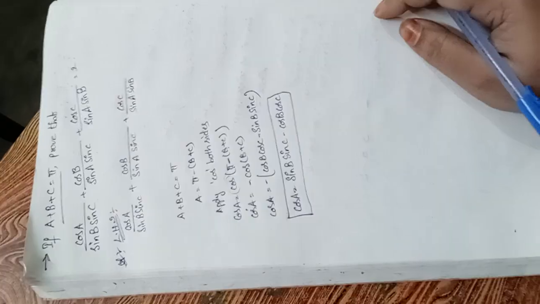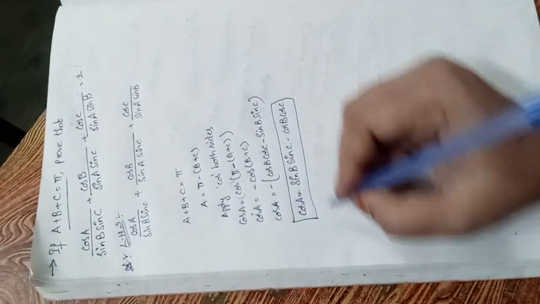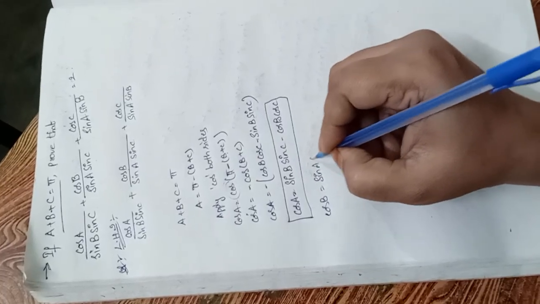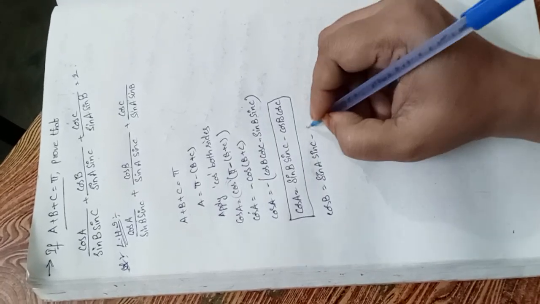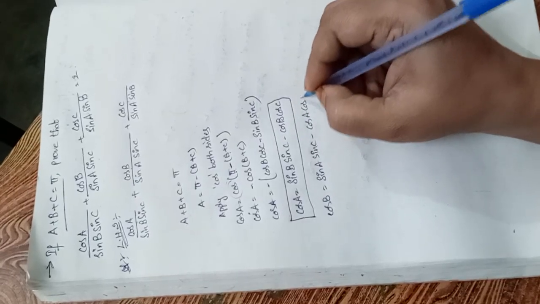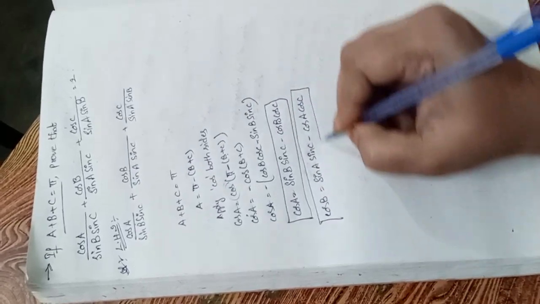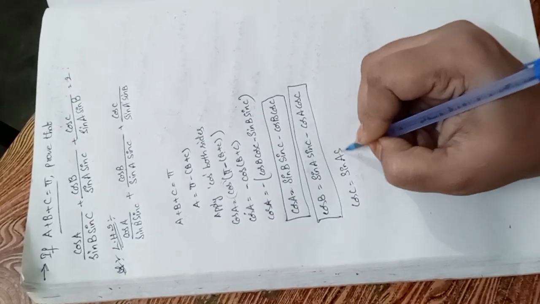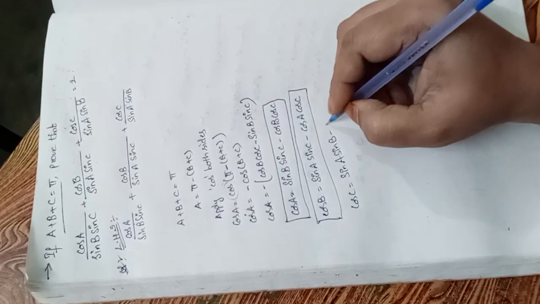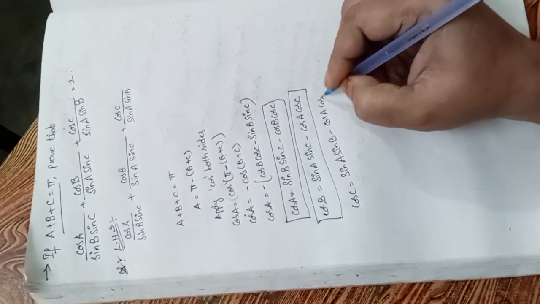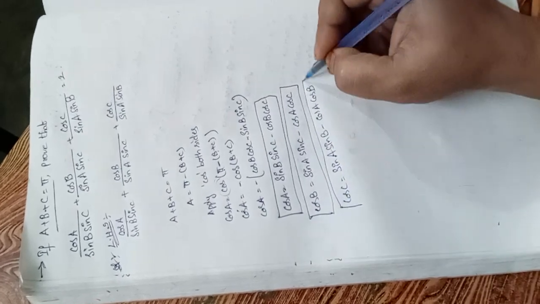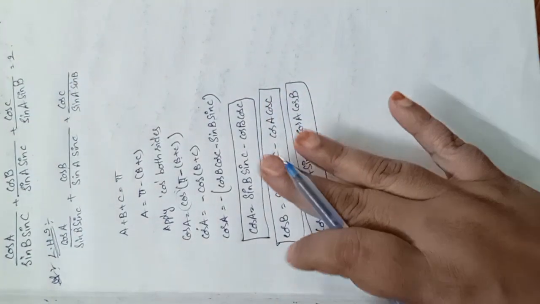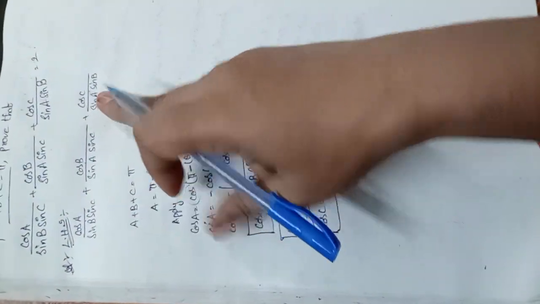In the same way, for cos B, what you will get? Cos B equals sin A sin C minus cos A cos C, and this is for cos B. Next for cos C, sin A sin B minus cos A cos B. Okay, now let us substitute these values in the above equation.